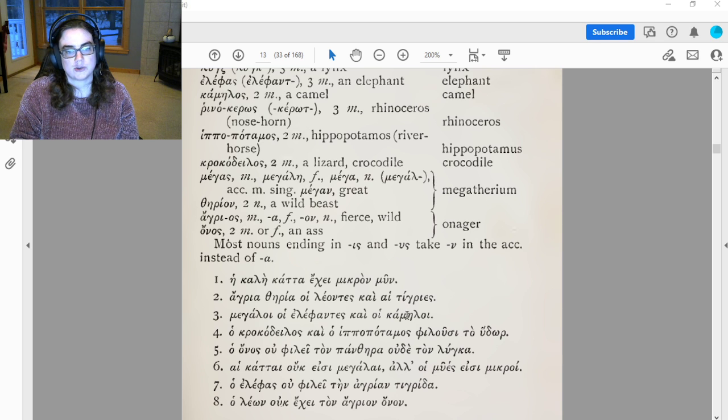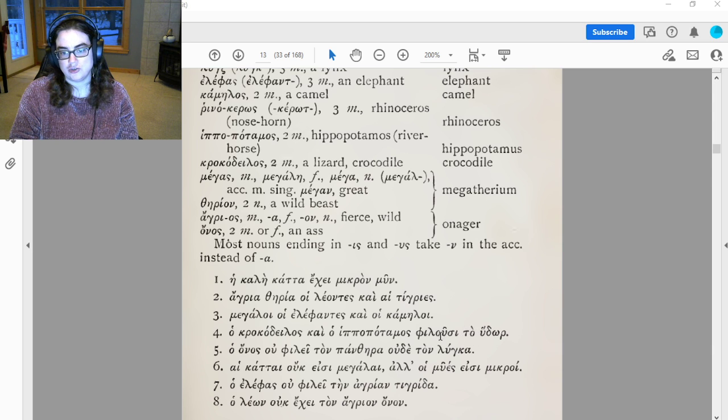All right. So again, these have the articles, so we're going to translate them first. The elephants and the camels are giant. Yes, they are. O crocodilos kai ho hippopotamus. Belusi to hudor. The crocodile and the hippopotamus love water too.